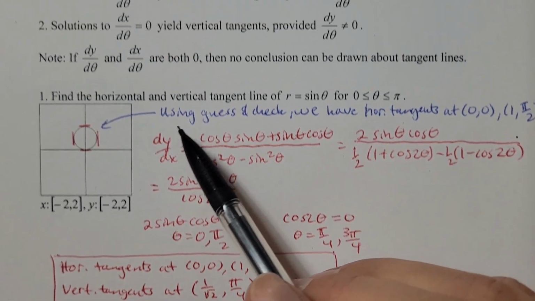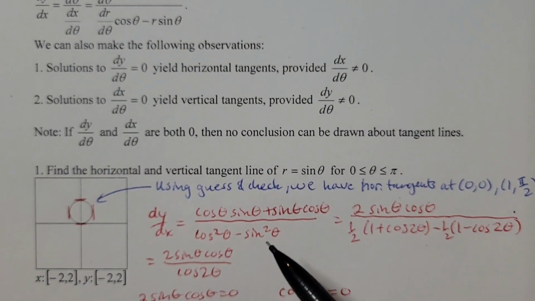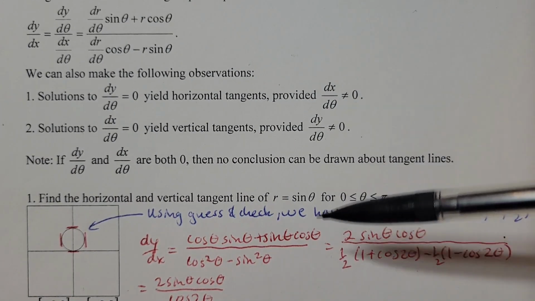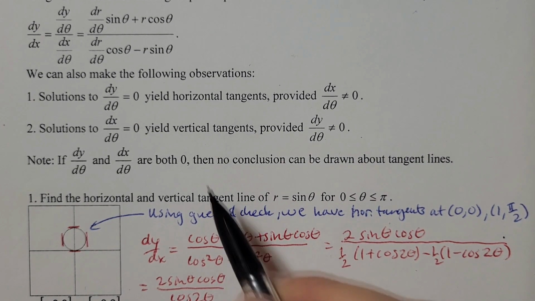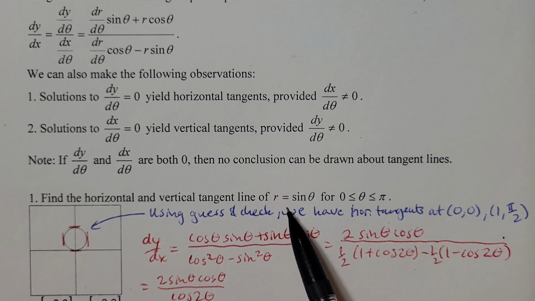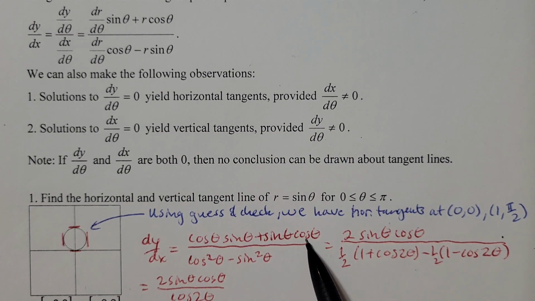Okay, I need to find dy dx, so using this formula here. The derivative of r is cosine theta, times sine theta, plus r, which is sine theta, times cosine theta.